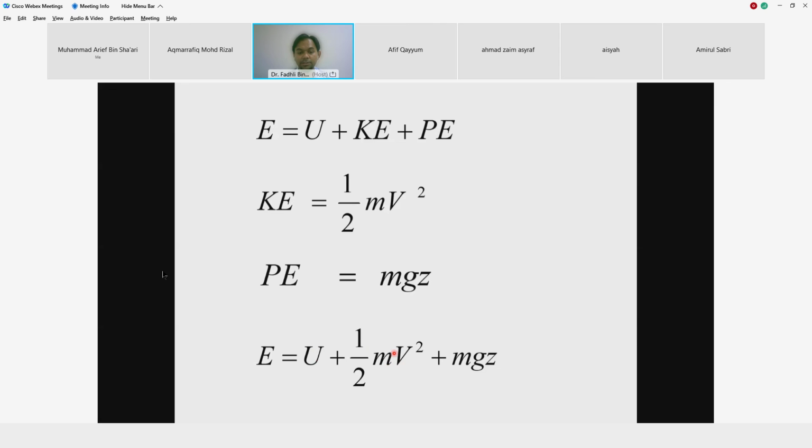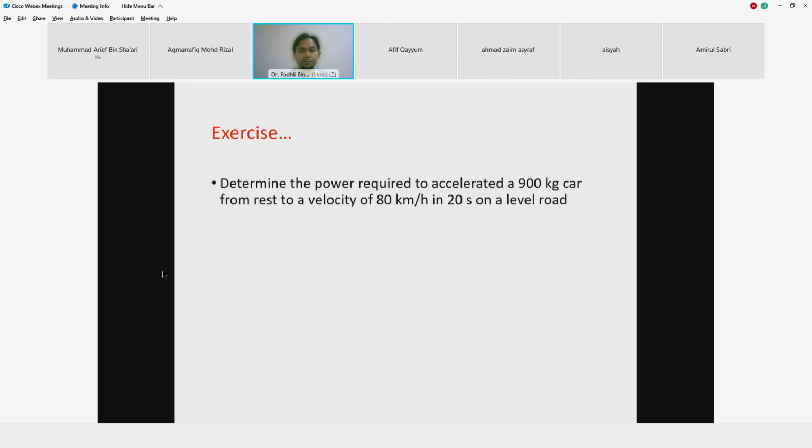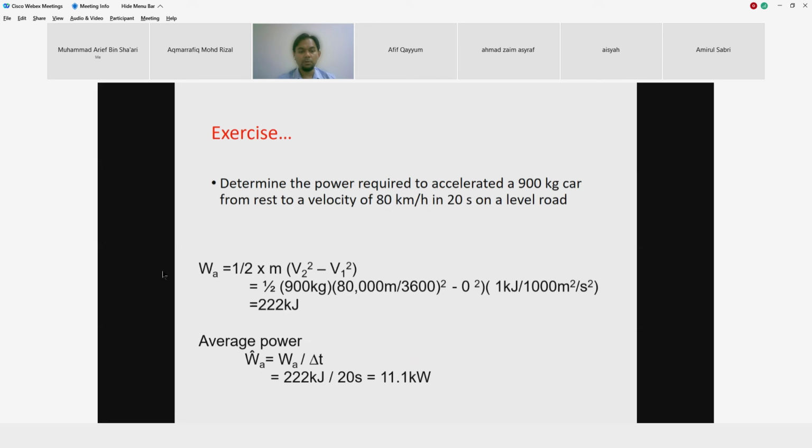For the kinetic energy, the car is moving from velocity 0 to velocity v2, so that's why v2 minus 0. For the potential energy, the car is moving on the same level, so Z1 equal to Z2, and the difference in potential energy is equal to 0. Sorry, the energy is 222 kilojoule.